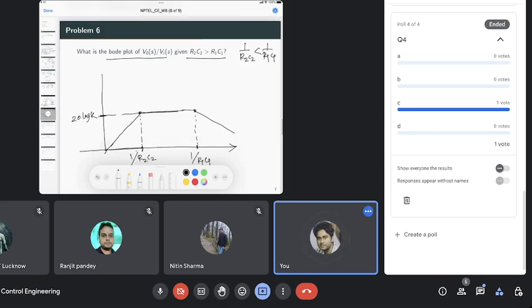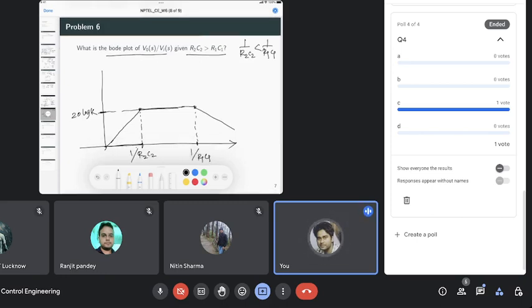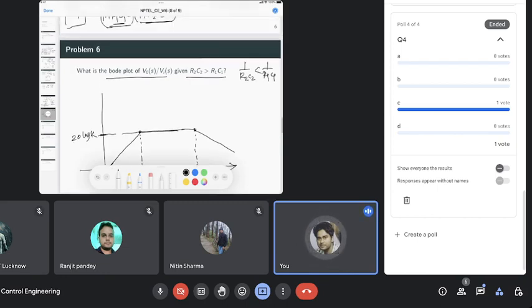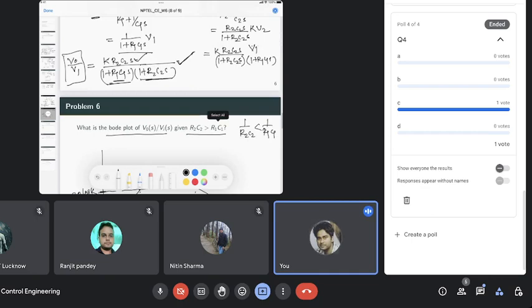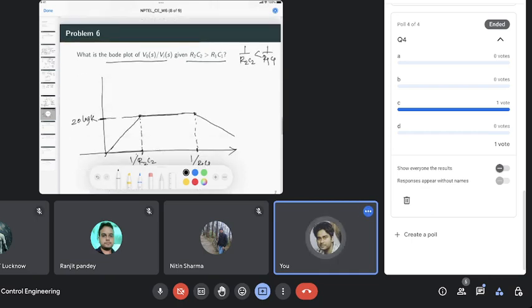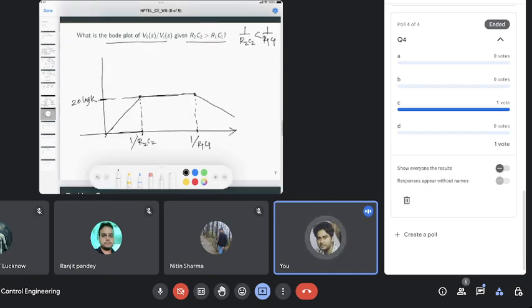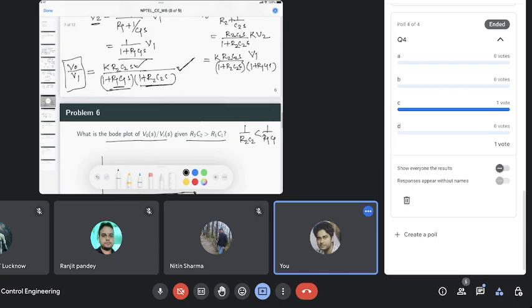This is asymptotic, as you already know. When the frequency S or omega has this value and you substitute it, you see that this is not exactly 20 log k, right?